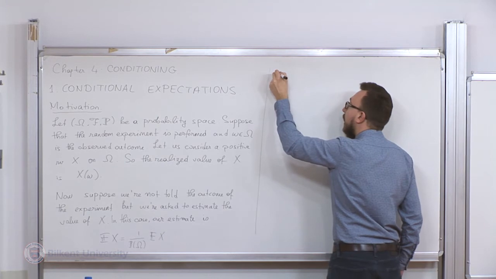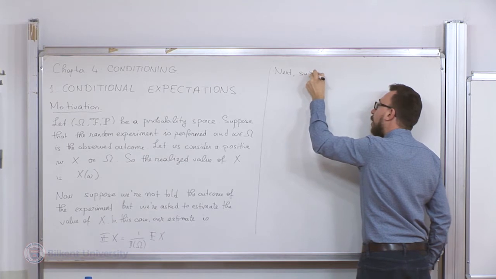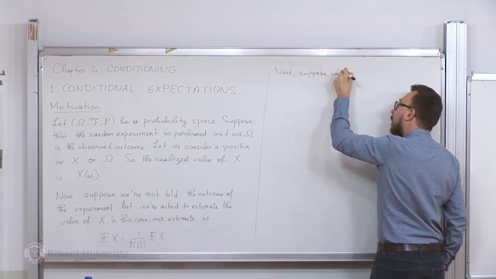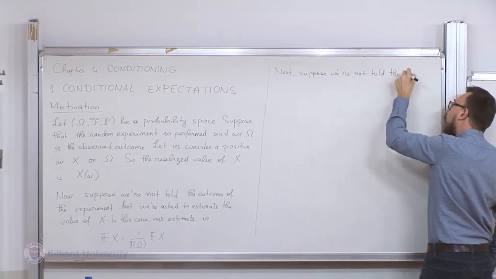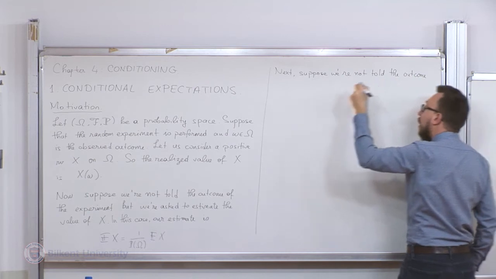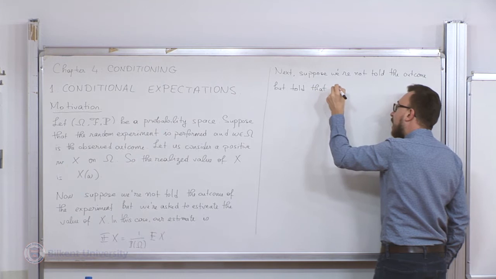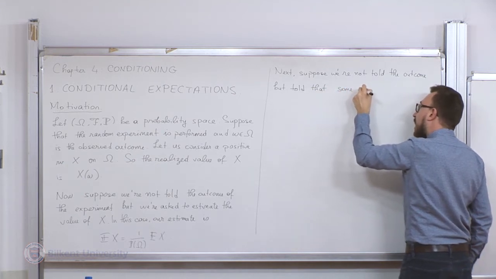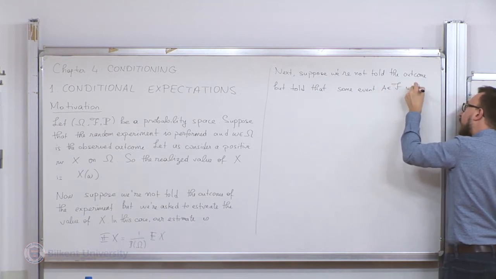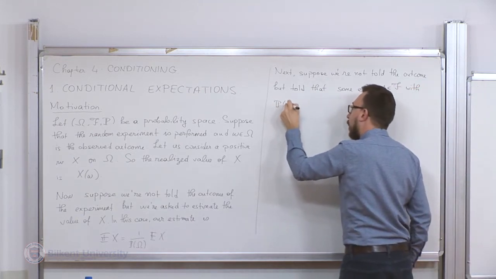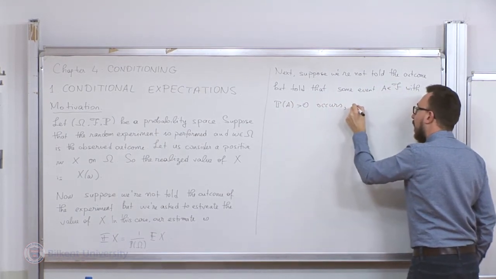So next, suppose we're not told the outcome, but told that some event A with strictly positive probability occurs. So this means what?